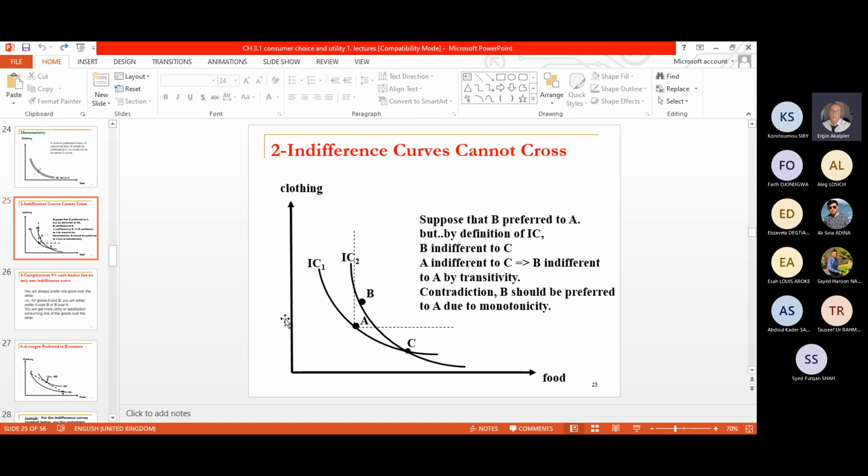But here this is not satisfied, because at C you have also A, you have also B combination, isn't it? And this is not possible. You have to prefer B or you have to prefer A, because B is on indifference curve 2, which is higher than indifference curve 1.